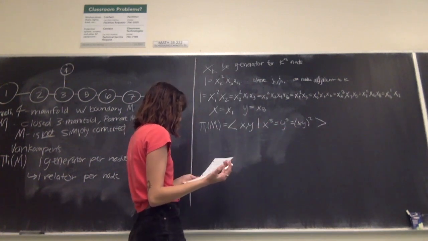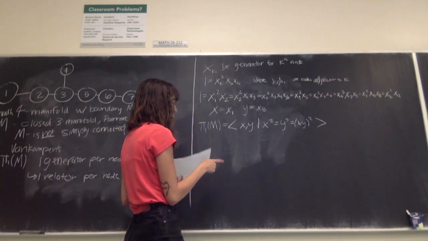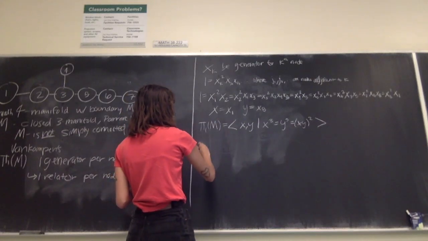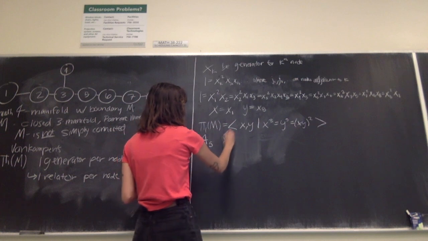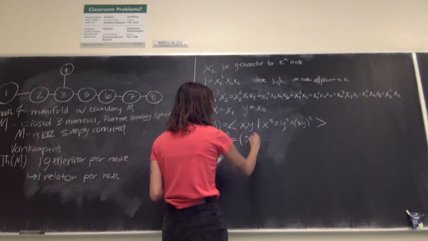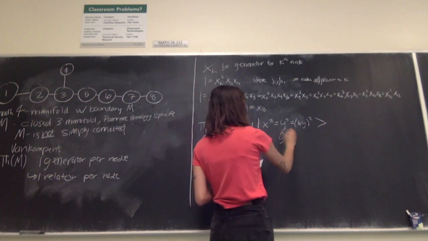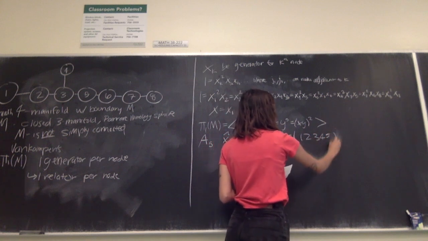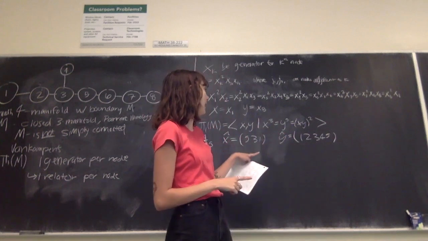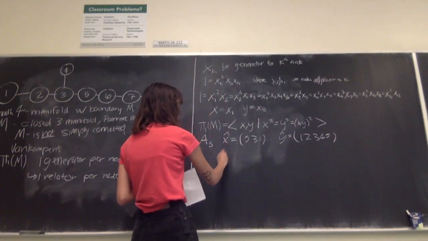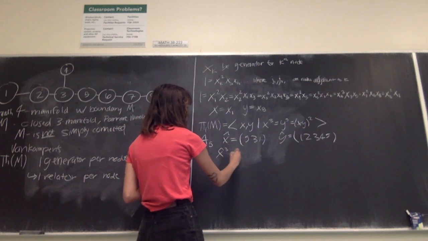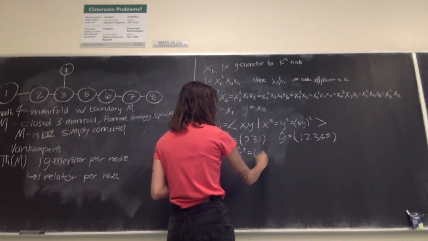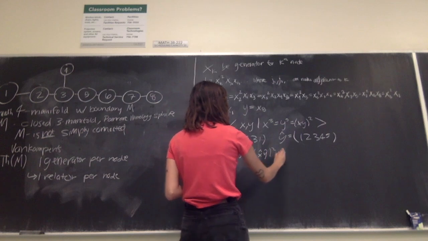It seems to be not trivial, which we will see. In order to relate this to a group that we actually know about, if we take A5, our alternating group, and take the permutation x hat to equal (5 3 1), and the permutation y hat to equal (1 2 3 4 5), then x hat and y hat are going to generate A5, and this also satisfies that x hat cubed is equal to y hat to the fifth, which is equal to x hat y hat squared, equal to 1.